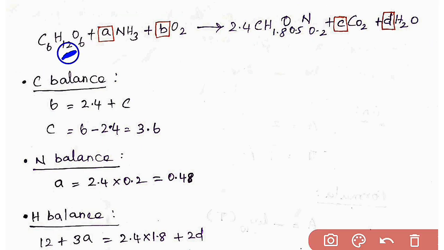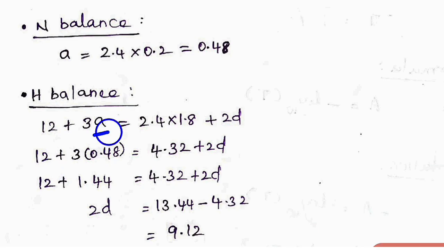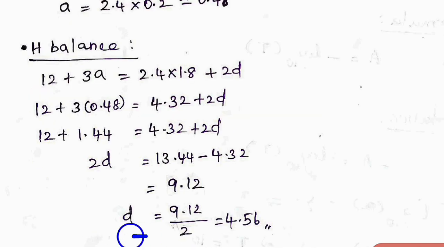So 12 plus 3A is equal to 2.4 into 1.8 plus 2D. 12 plus 3 into 0.48 is 1.44, equal to 4.32 plus 2D. Rearranging, 2D is equal to 13.44 minus 4.32, so 2D is equal to 9.12. So D is equal to 9.12 divided by 2, that is 4.56.